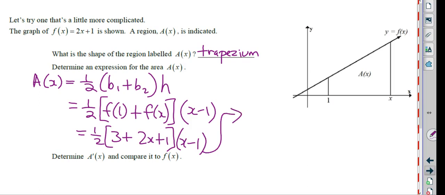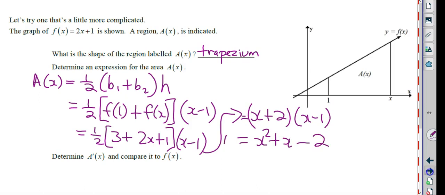We got 2x plus 4, right? 1/2 of 2x plus 4 is going to be x plus 2, times x minus 1. So this will be x squared plus x minus 2. So here's an expression for the area function: area is x squared plus x minus 2.